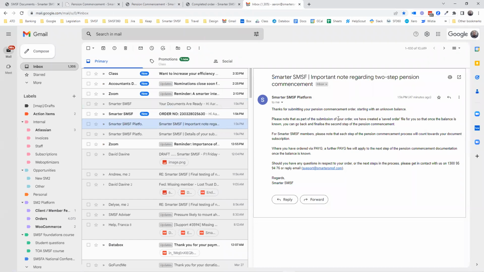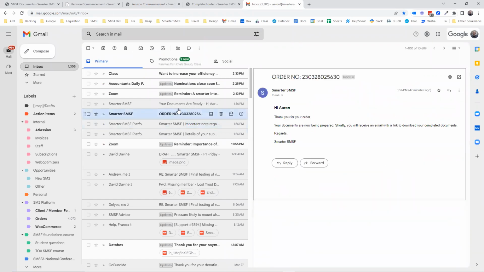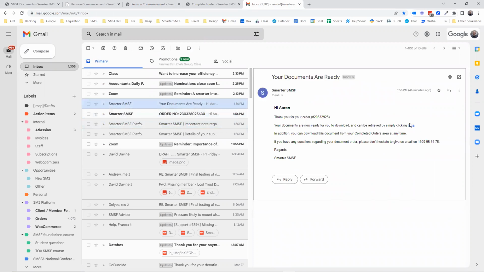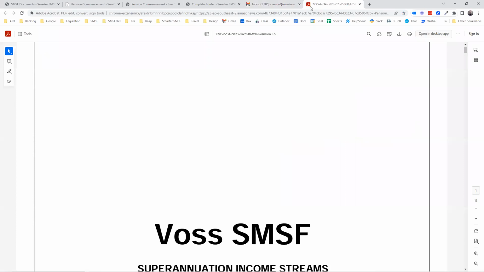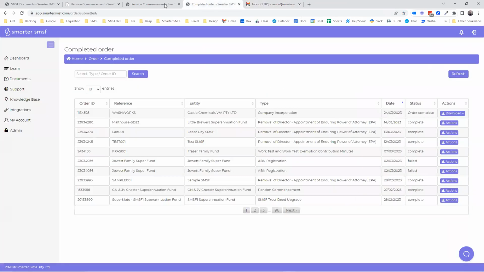There is a 2-step process that you can do here to explain that. You get your order confirmation that it'll be prepared, and then you get your actual documents to support that the pension documentation is now actually complete. And again, you can go through and see all the information through the sample document at another point in time.